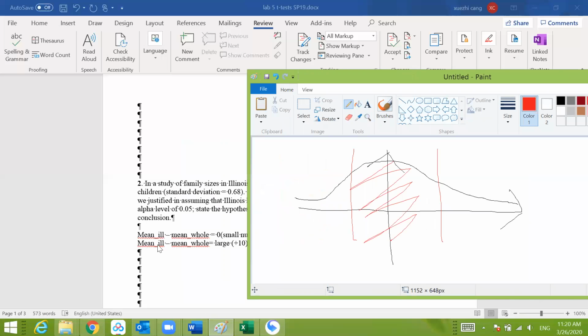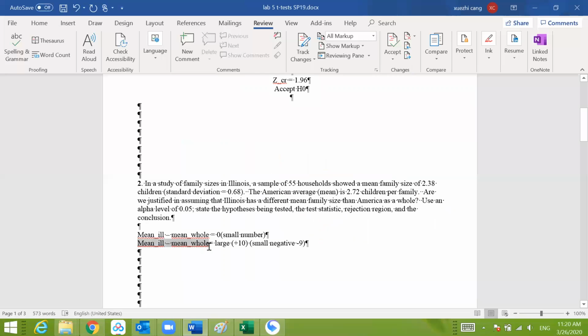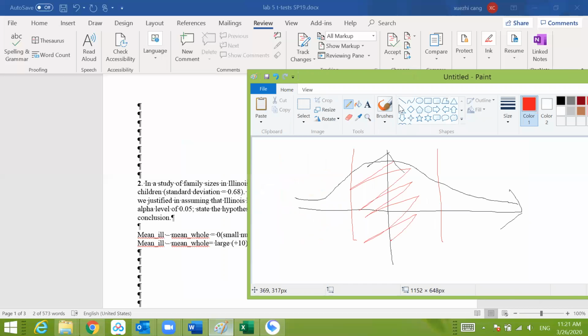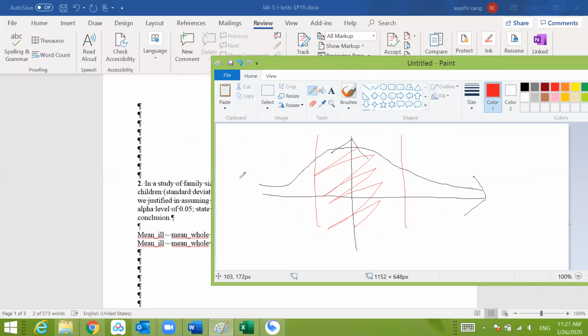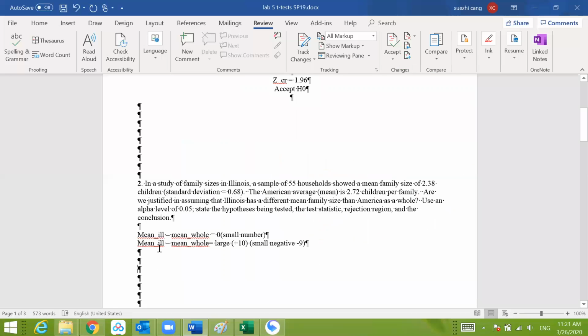If their difference is very large or a very small negative value, they are located at the head or the tail of this distribution, right? So based on this analysis, we can write down our null hypothesis and alternative hypothesis.